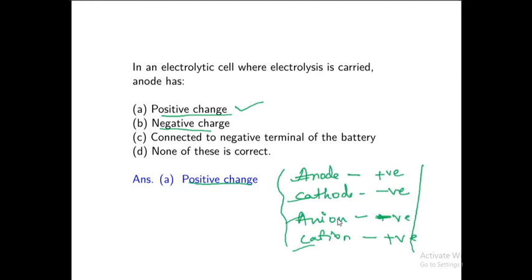Let us go for the next question. A substance which oxidizes itself and reduces other is known as. Oxidizes means gaining of oxygen, right? Reducing means losing of oxygen here. So what is that substance called? Either oxidizing agent, reducing agent, or both A and B. What will be the answer?